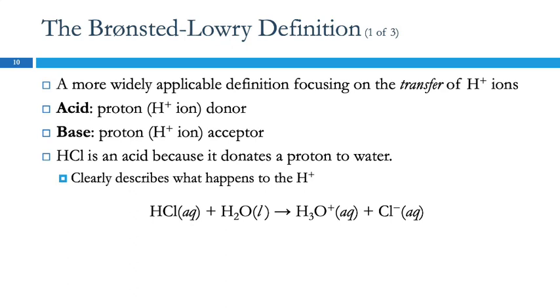Here we're talking about the transfer of hydrogen ions or protons. So an acid is a proton donor, and a base is a proton acceptor. So HCl is an acid because it donates this proton to a water molecule, forming the hydronium ion.